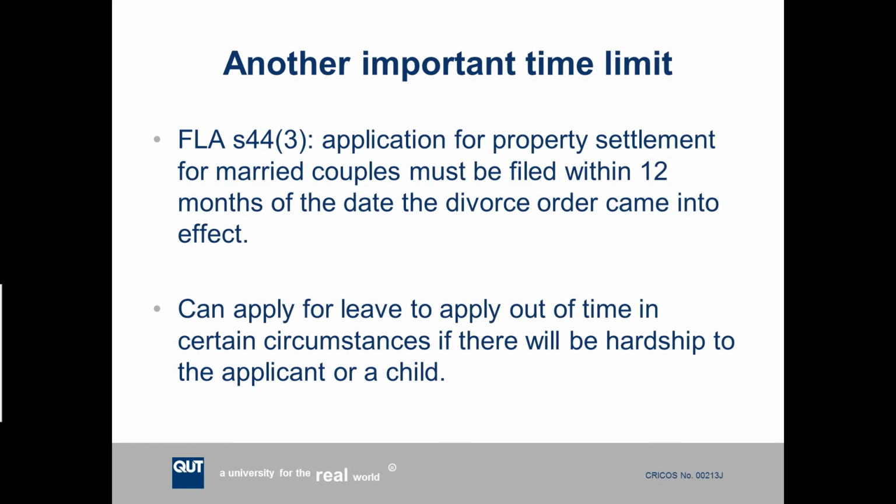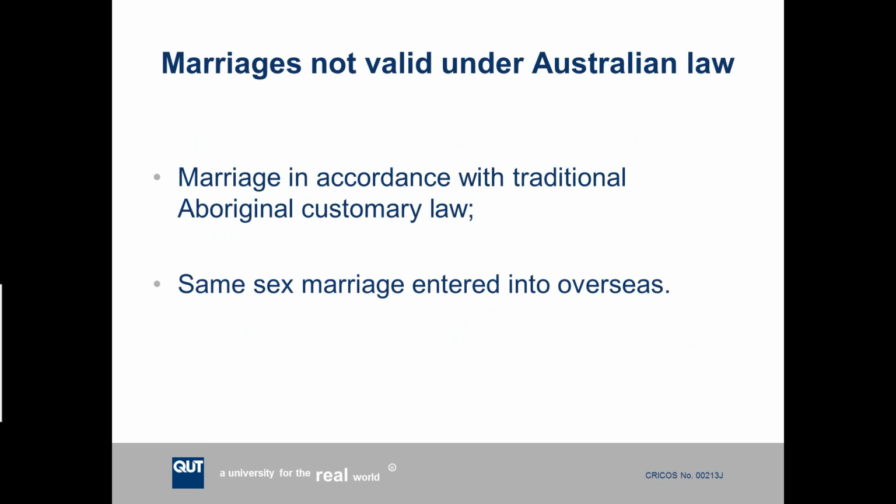If you don't file your application for property settlement within that time frame, you can apply for leave to apply out of time, but it will only be granted in circumstances such as if your client will show that they will undergo hardship either to themselves or to themselves and a child of the marriage. So it's very important that lawyers have in place some sort of system to keep track of these time limits, and that they also advise clients up front of the time limits as well.